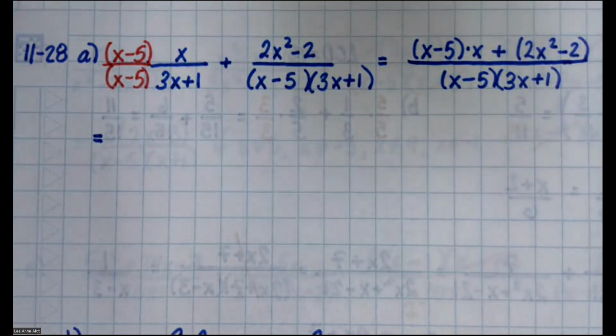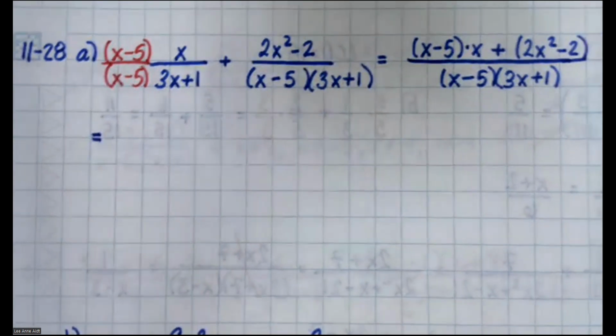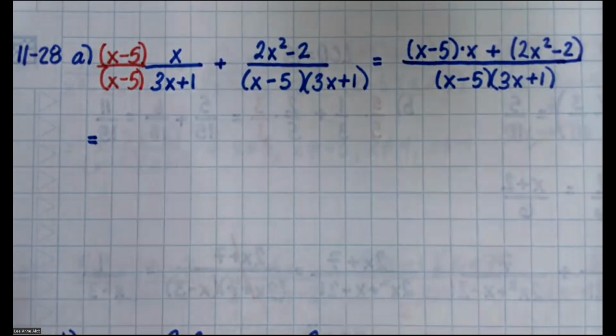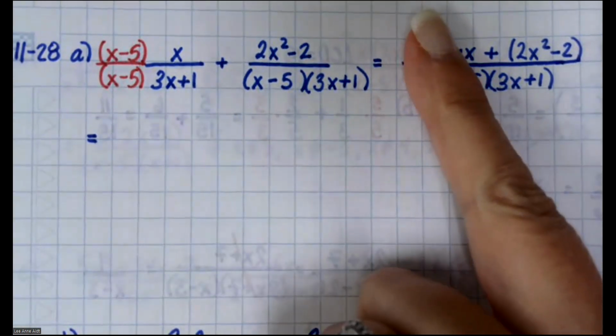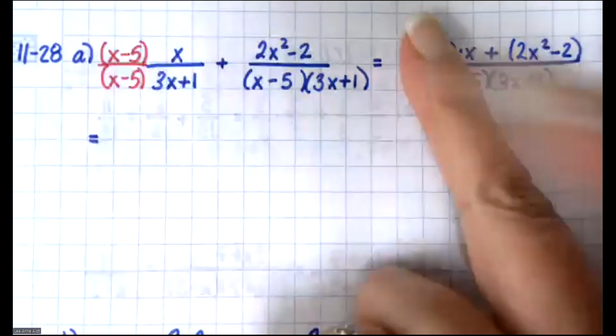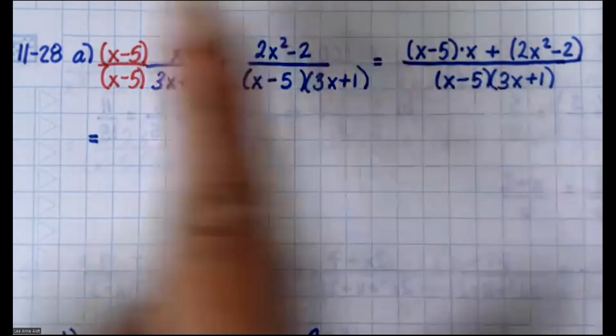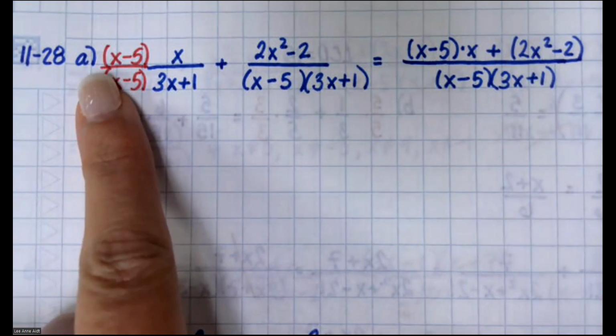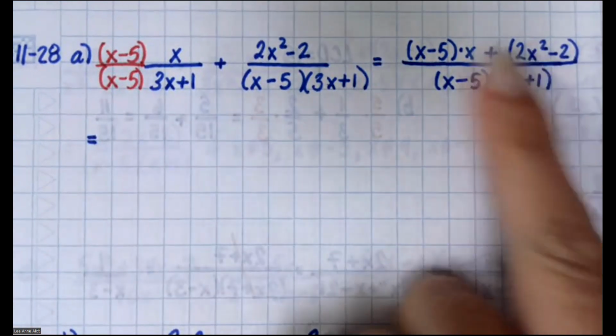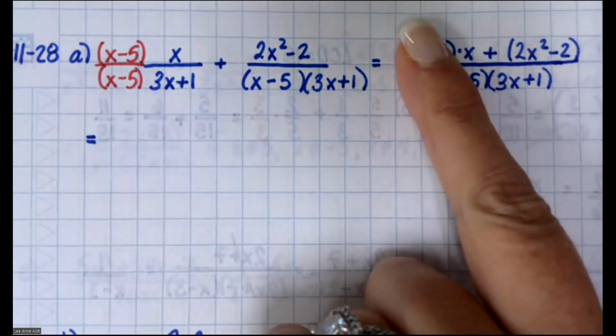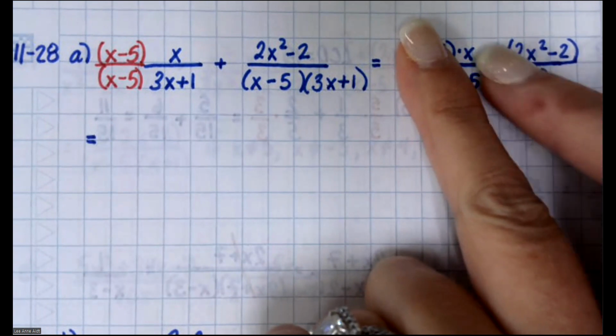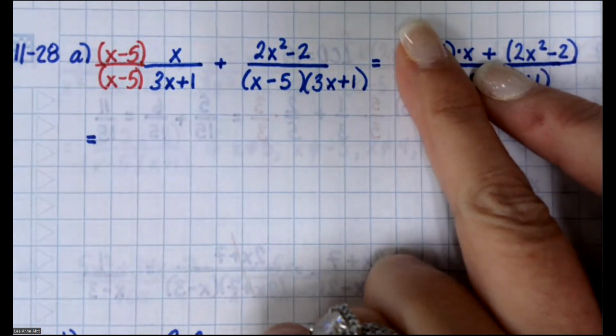Before I move on, there are some of you, and this is going to happen on the test, I don't know what to do about it other than just to try to warn you ahead of time, that are going to cancel that thing that you just put there. You'll write this, and you'll cancel that. And you can't cancel that because there's a giant plus sign right here.